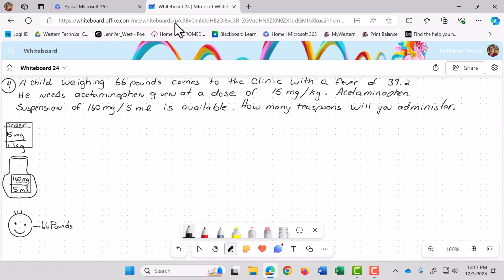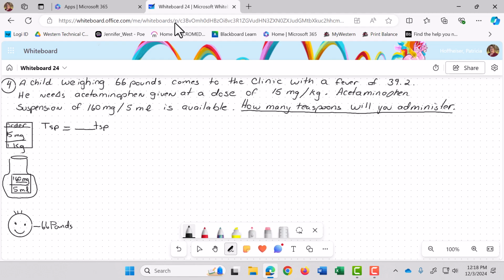So that helps to break down the information in the question. And then they're going to begin to set up their problem, which already told them how to begin. It asks for how many teaspoons. So they put teaspoons there, equal sign, fraction bar, teaspoons, because it always goes horizontally for the first one. So they know teaspoon is on the top.